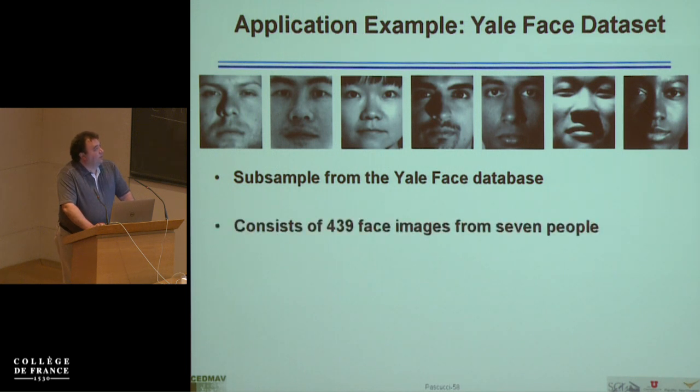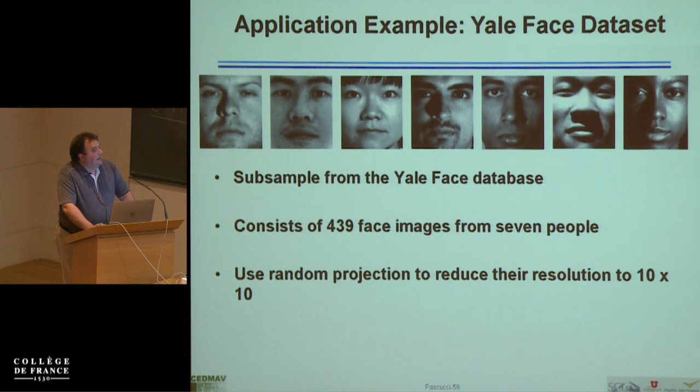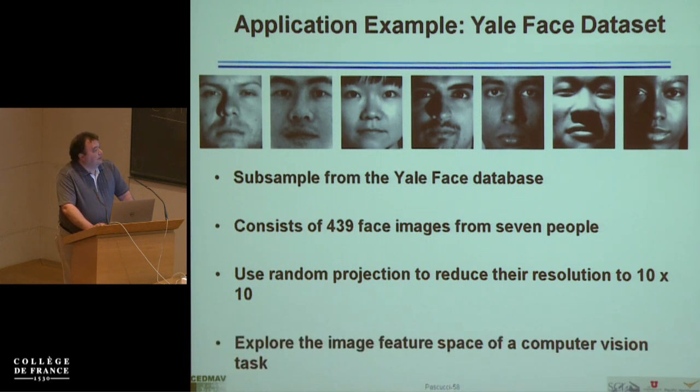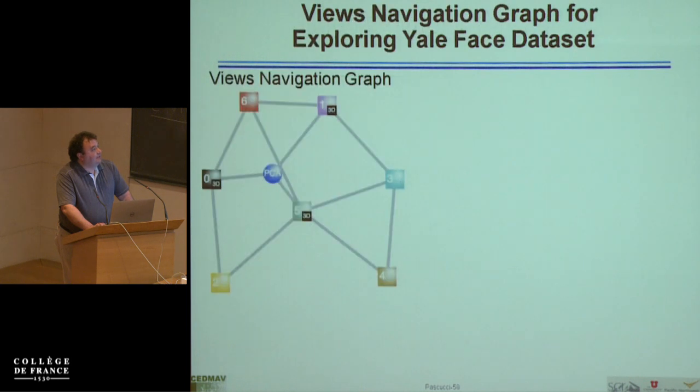Those are over 400 faces, and the dimension of the space we work with is 100, basically reducing those pictures to a very, very low resolution and using the values of those pixels as the vector representing each image.